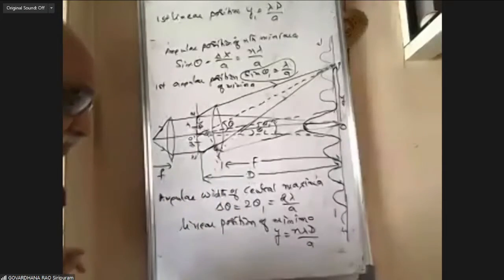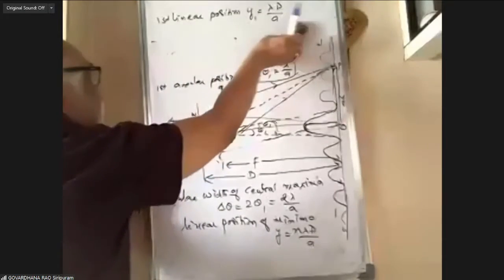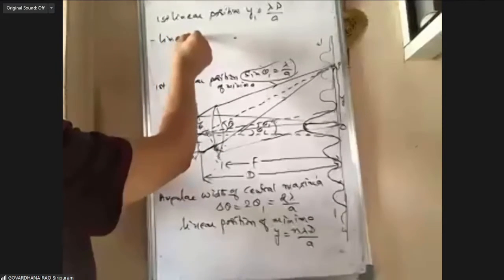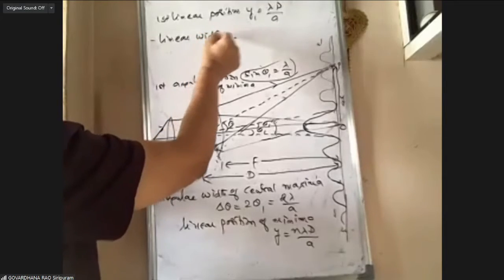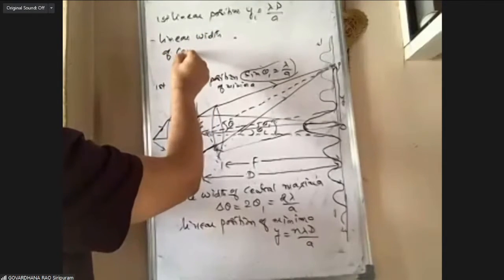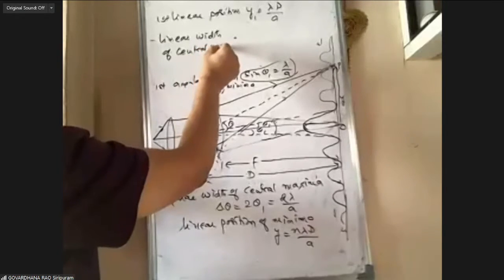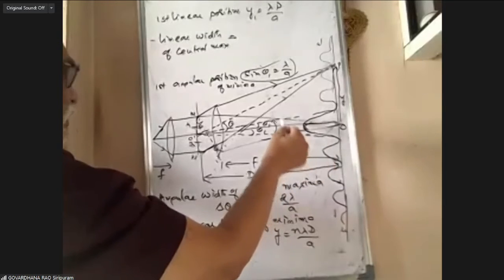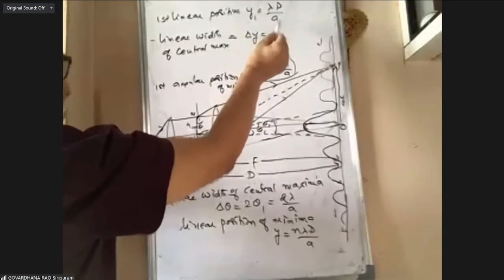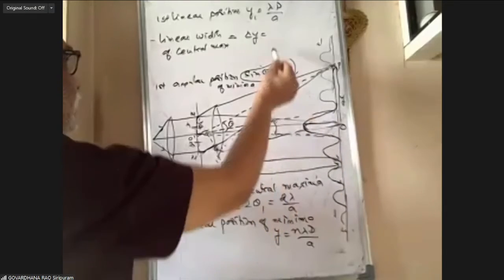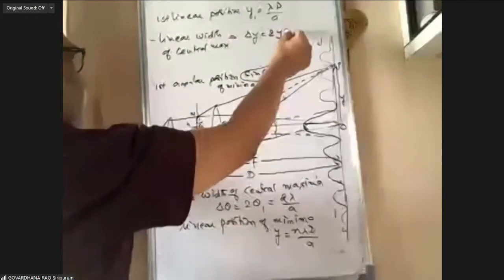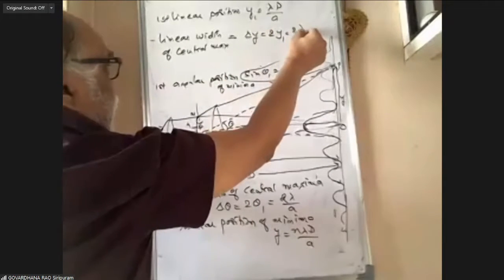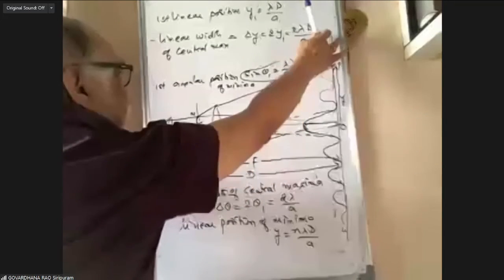What is the linear width of central maxima? Delta y equal to 2 y1, which is 2 lambda D by a.